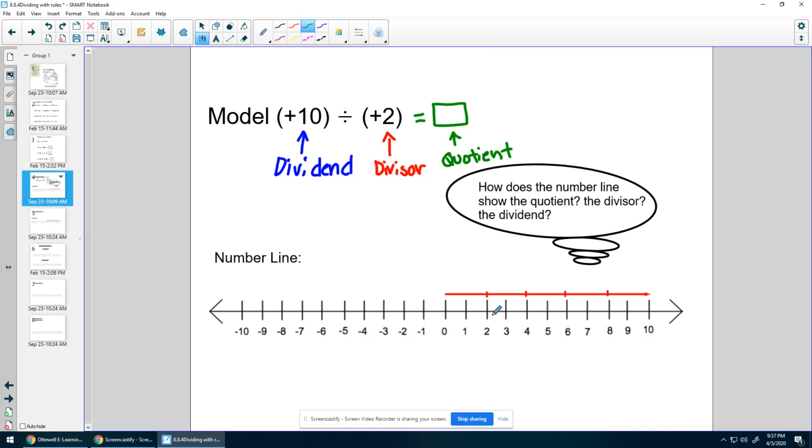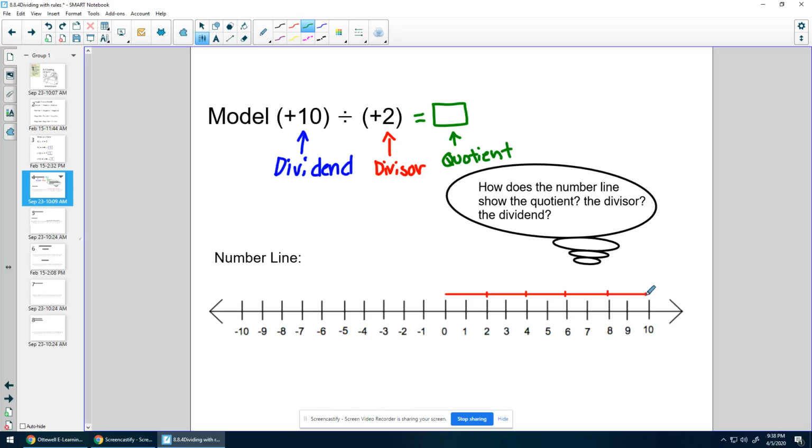So looking at this here, how does the number line show the quotient, the divisor, and the dividend? So we'll just start with the dividend. Here we're starting at 0, and we're going to positive 10, which is our dividend. Then we are showing our divisor by splitting that line into groups of positive 2. So that's 1 group, 2 groups, 3 groups, 4 groups, 5 groups.